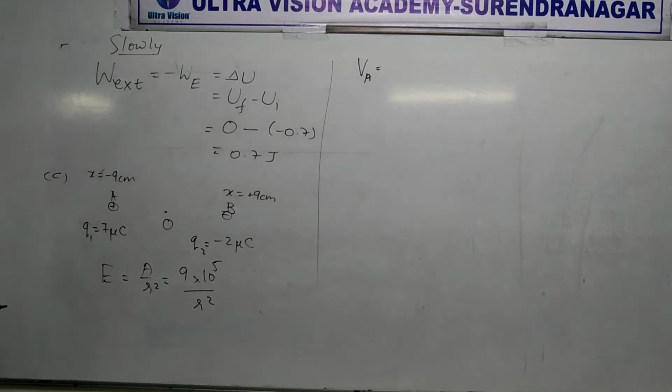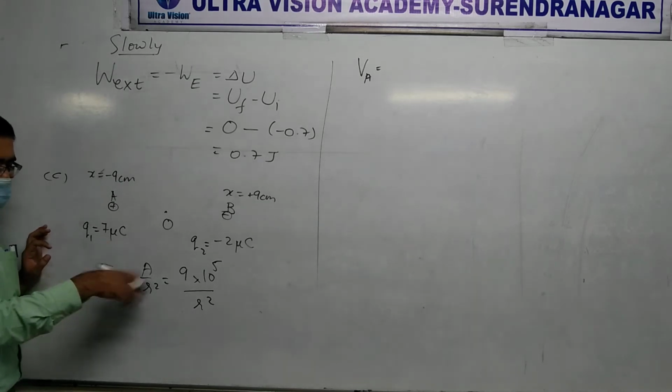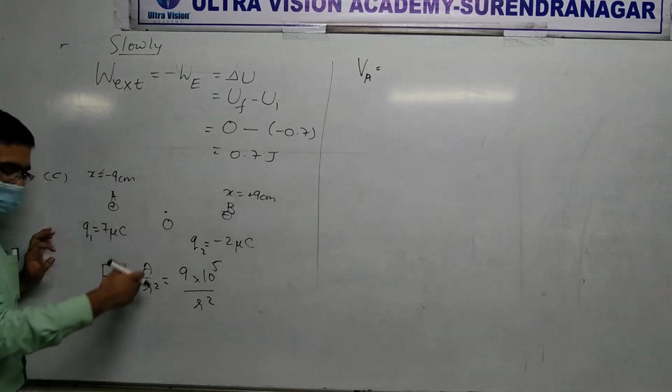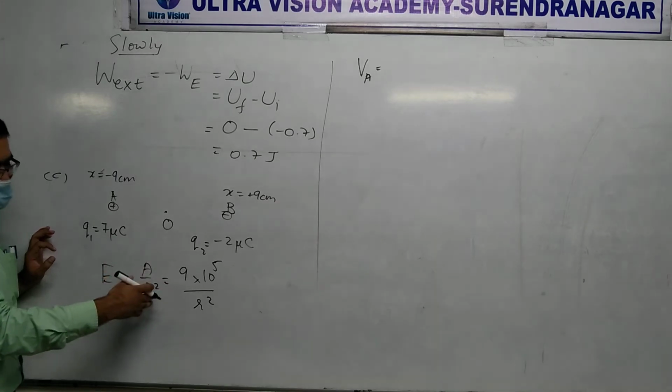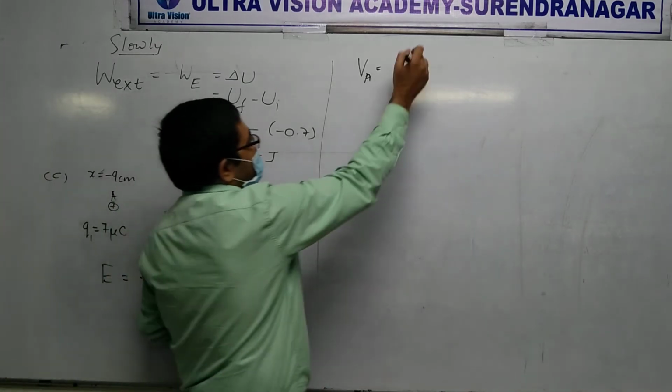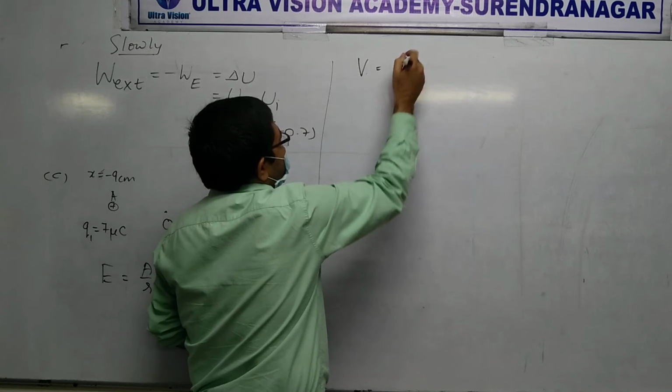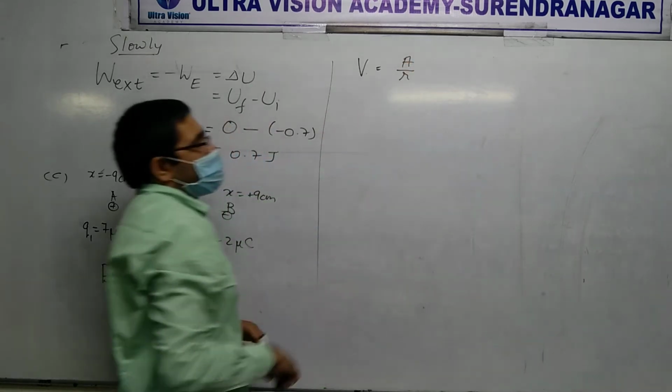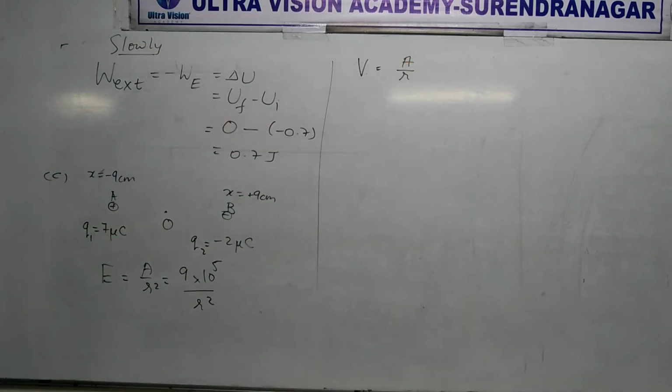Now, you can prove this as well, but here we can use intuition, to make it very simple. If the electric field of something is proportional to 1 by r square, do you realize that the potential at any point should be like this?